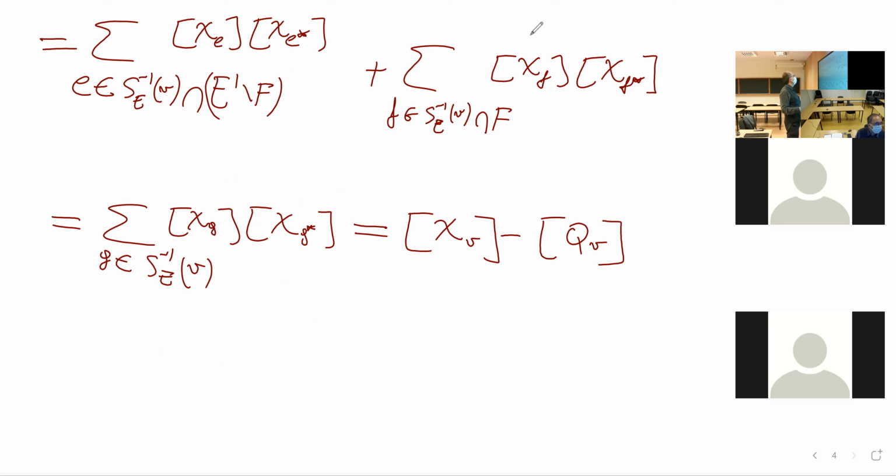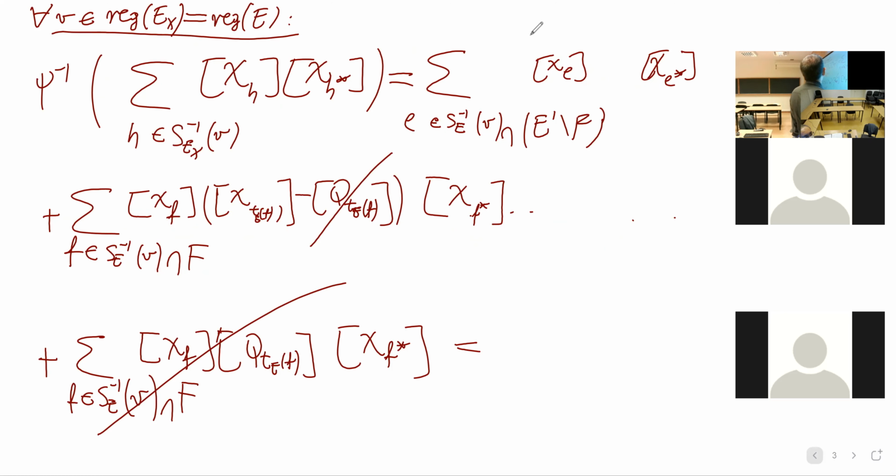When V is in X, then this is just chi V, and when V is in Y, this is chi V minus QV. It's convenient because I don't have to write cases anymore. This is a very neat way of writing it down, so I can finish by writing that this is psi inverse applied to the class of chi V, which is precisely what I'm supposed to verify.